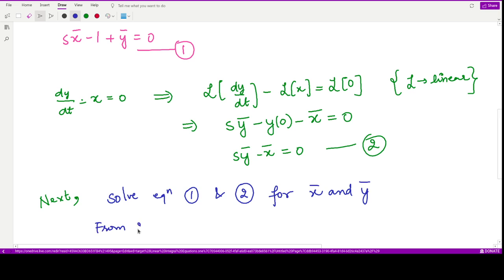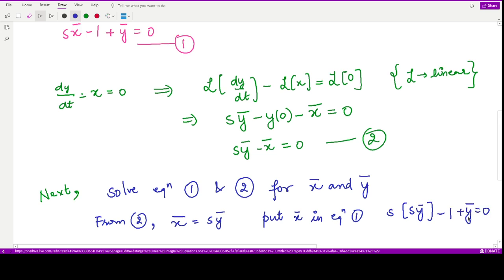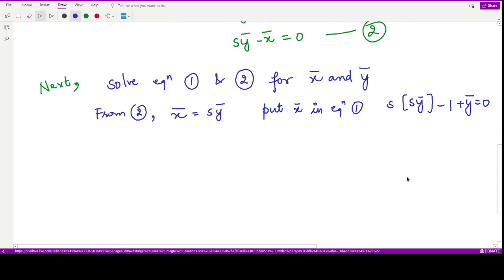From equation 2, you can see x bar is equal to s y bar. So using the method of substitution, we can put x bar in equation number 1. So this becomes s into s y bar minus 1 plus y bar is equal to 0. From here we can calculate y bar.